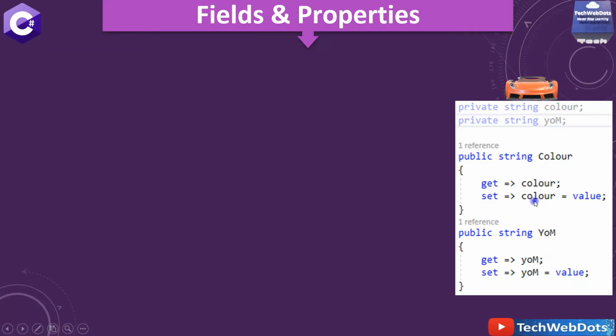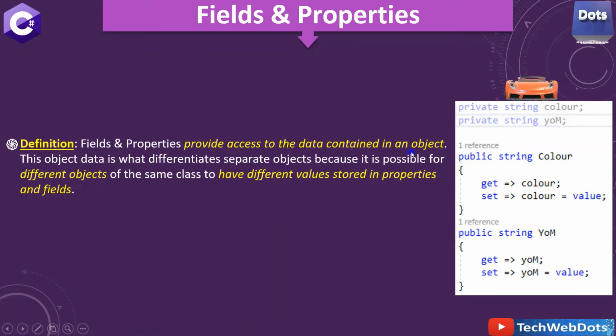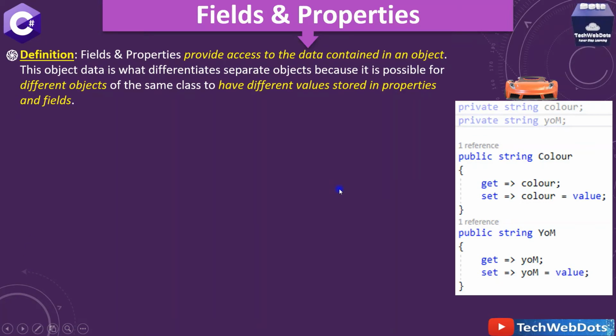You can see here in color we assign the value. That's how it looks when we implement properties with the help of fields. Similarly we have year of manufacturing as well, and we are using inline property setting. But let's go by definition as well. Fields and properties provide access to data contained in an object. Now we already know what an object is.